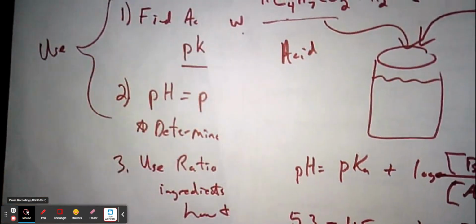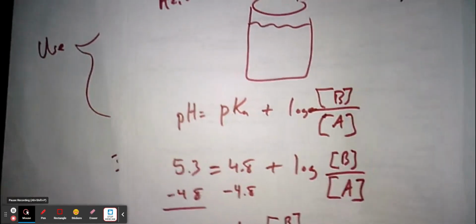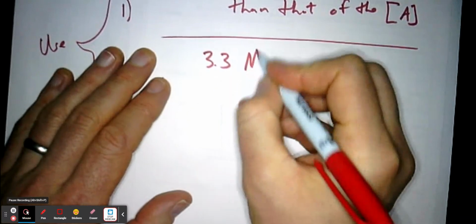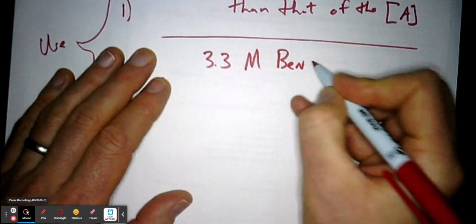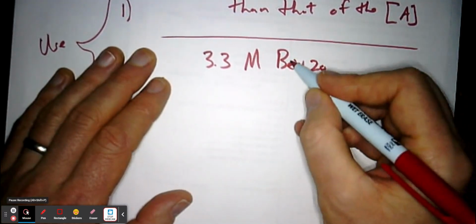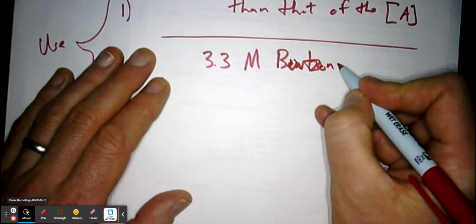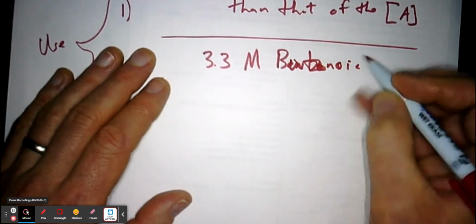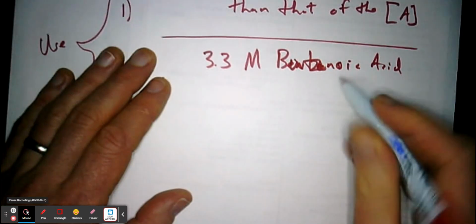So let's say I've got a 3.3 molar solution of butanoic acid.